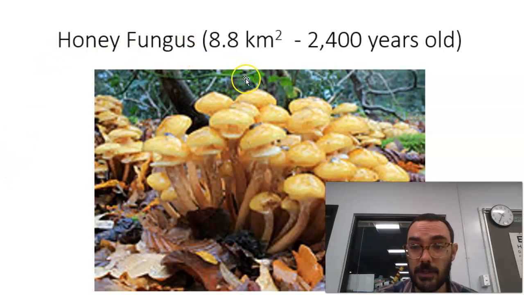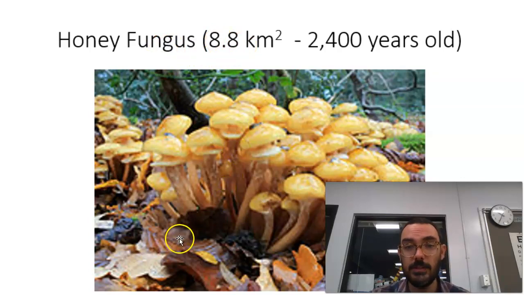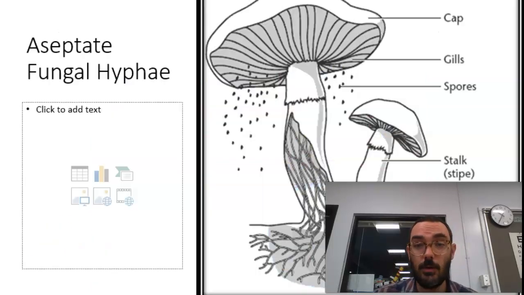For example, there's an example of a honey fungus growing that is around 2,400 years old. So that's ancient. And basically what happens is the fungus, the part that you see, the mushroom cap that you see up here, that's only a small portion of the organism. Most of the living organism, most of the fungus, actually lives underground, and what's referred to as its hyphae.